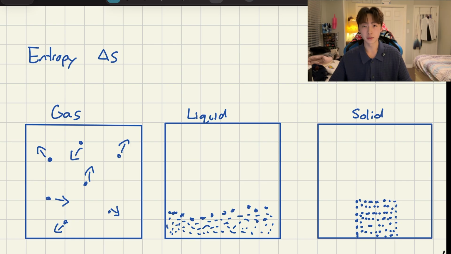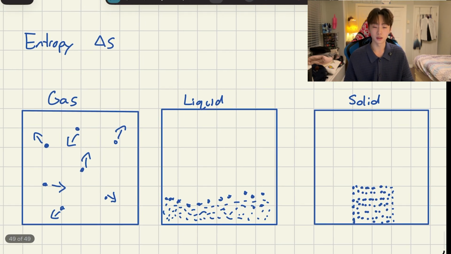Now let's talk about entropy, or delta S. This is a measurement of chaos or disorder. So for example, if we look at this diagram, we have a gas, a liquid, and a solid. And looking at it, we can tell that the gas is more disordered than, for example, the solid. In the solid, all the molecules are packed together and they're often structured.